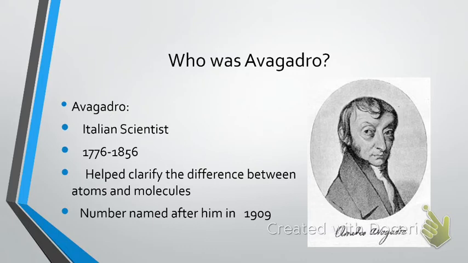So who was Avogadro? Here's his picture. He was an Italian scientist that lived from 1776 to 1856. The majority of his work was focused on clarifying the difference between atoms and molecules. Other scientists named 6.02 times 10 to the 23rd after him in 1909.